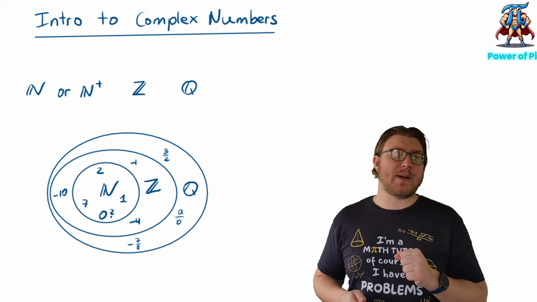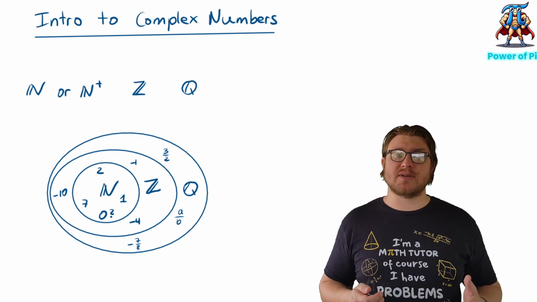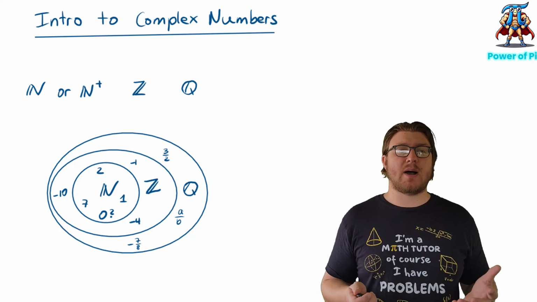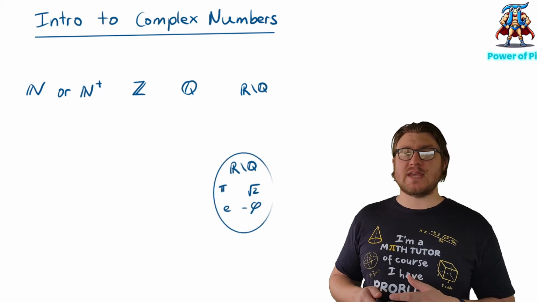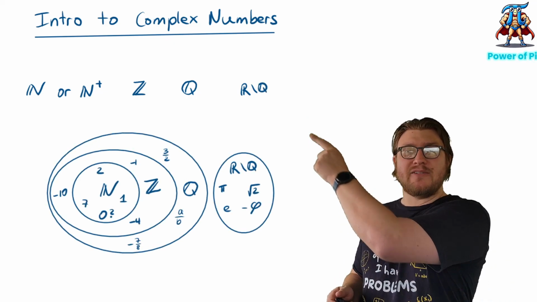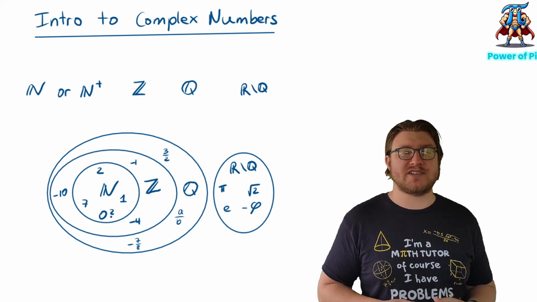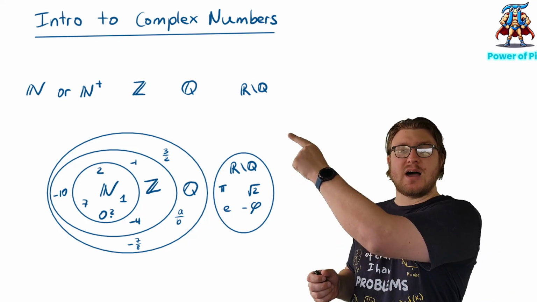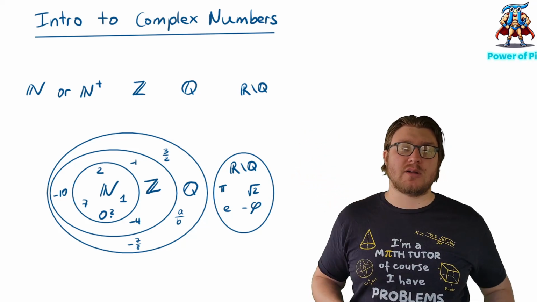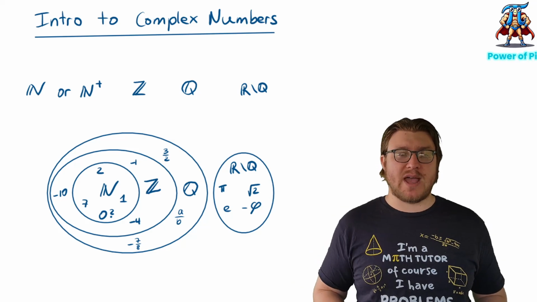And now here's the other part. We talked about irrational numbers and how they are so different from our other numbers that we've got so far. So the irrational numbers have a bit of a funny way of being represented. It's all of our real numbers, which is the R, without our rational numbers. The line kind of means without.